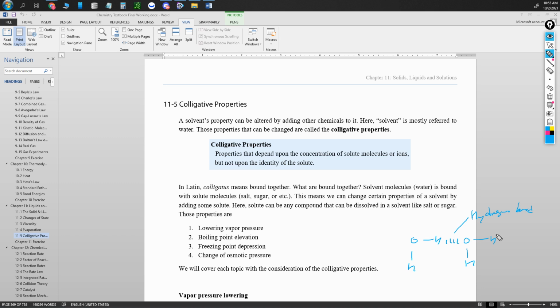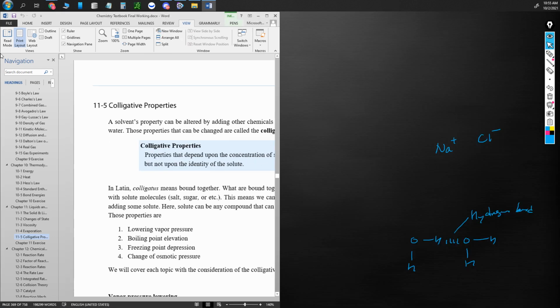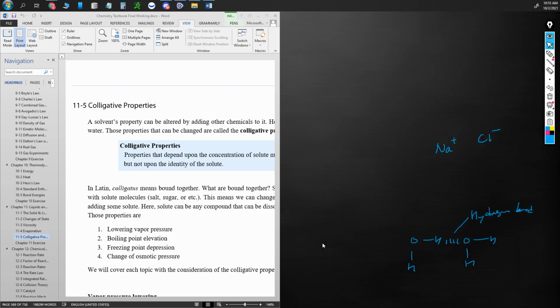But now you have a salt. So another example here, have Na plus Cl minus. Let me change that screen setting. There you go. So now the water is next to these ions. Remember how water has partially charged particles, right?